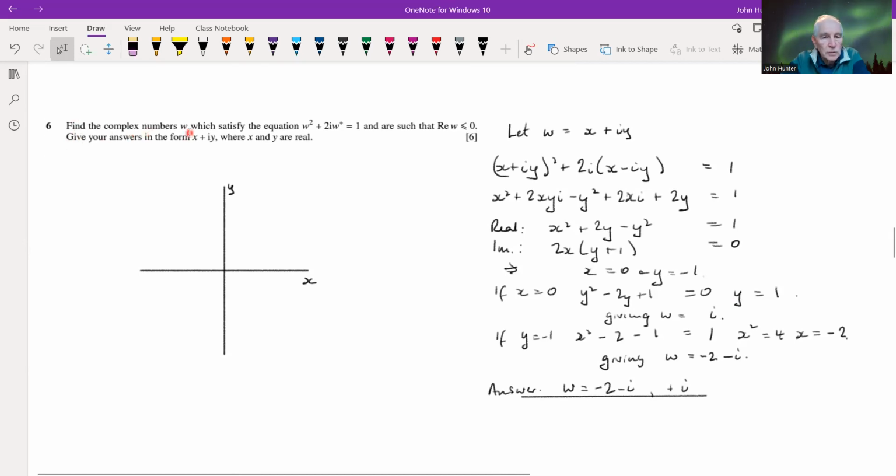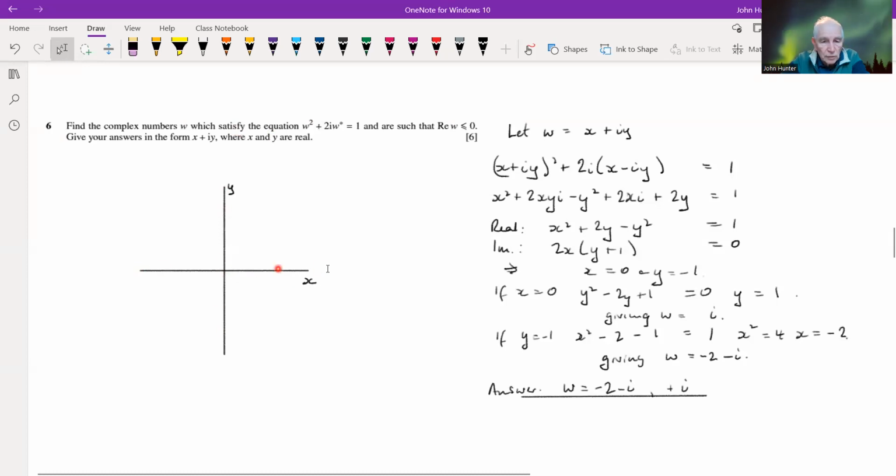Find the complex numbers W that satisfy the equation W squared plus 2i W star, which is the conjugate of W, equals 1, such that the real part of the complex number is less than or equal to 0. Okay, so this is our Argand diagram here.